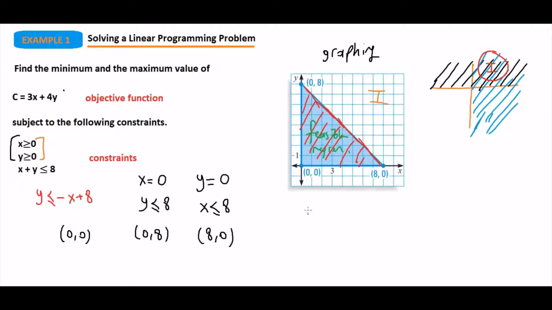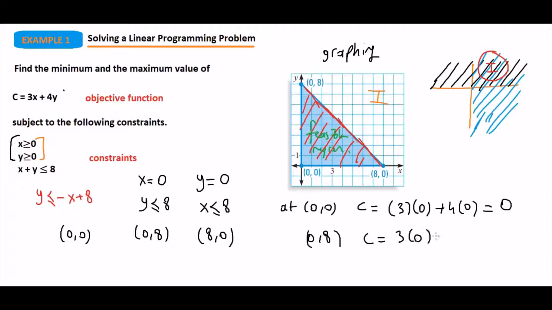Now we're going to find the min and max. So at (0, 0), our objective function is found when we plug in 0 for x and 0 for y: 3 times 0 plus 4 times 0, which is 0. And at (0, 8), our objective function is 3 times 0 plus 4 times 8, which is 32.